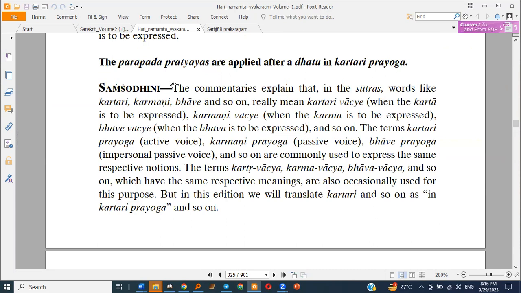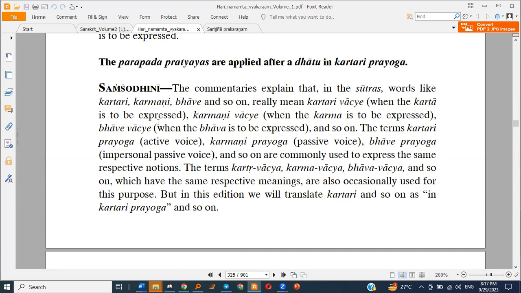Okay, let's read some Shodhani for this. The commentaries explain that in the sutras, words like Kartari, Karmani, Bhave, and so on really mean Kartari Vache. So when we read Kartari, it means Kartari Vache, which means when the Karta is to be expressed. Like if I say, Ramaha Pustakam Padhati.